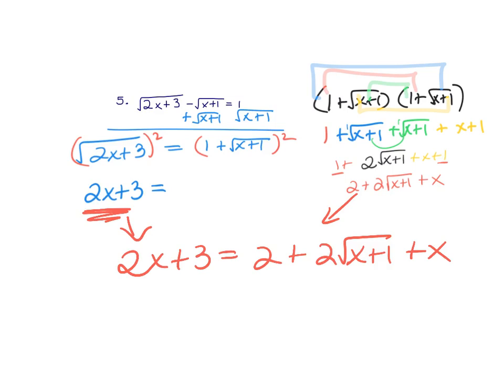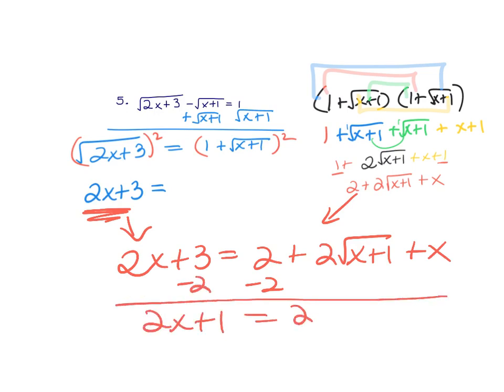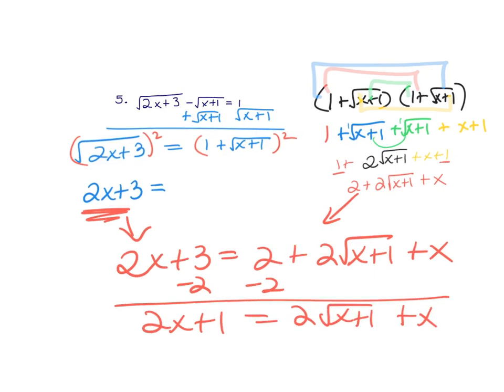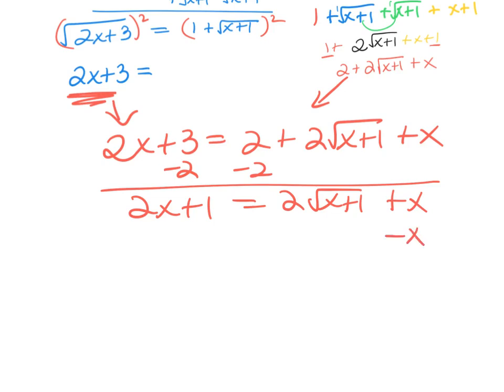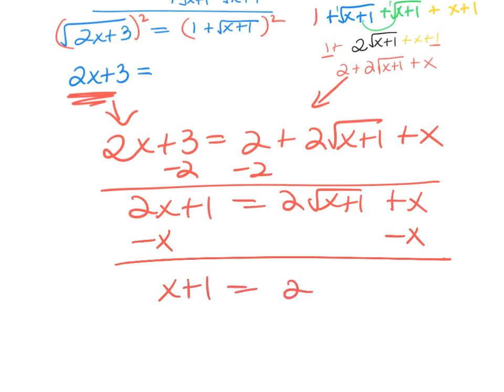So I need to get everything away from it. So I'm going to move the 2 over. 2x plus 1 equals 2 radical x plus 1 plus x. I now need to move the x over. Again, I'm trying to get the radical to be the only thing on either the left or the right side.